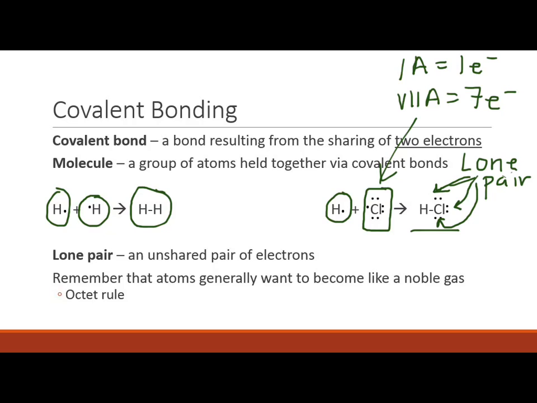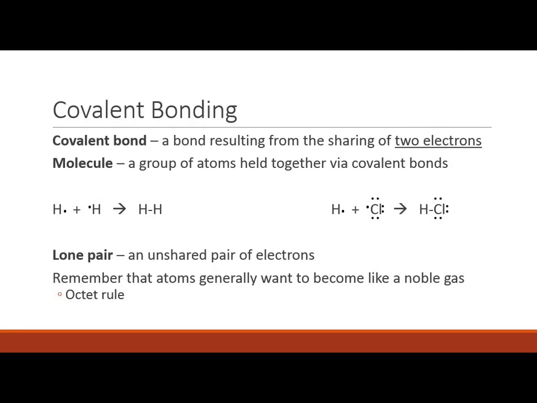If I go ahead and clear this out, you can see that by bringing in a chlorine here, with that one empty spot, the hydrogen actually fills in that empty spot. If I were to count, I could say I have 2 electrons here, that gives me 4, that gives me 6, and then that shared pair in the bond gives me a grand total of 8 valence electrons, and that's just perfect for chlorine to have an octet.